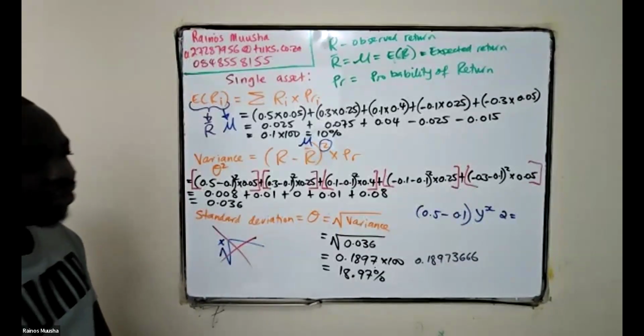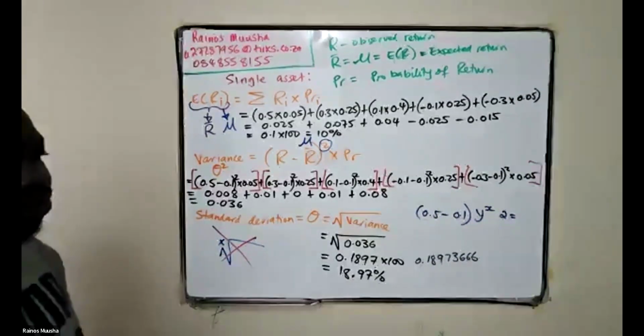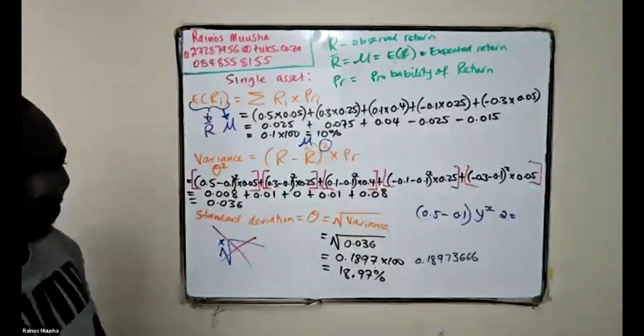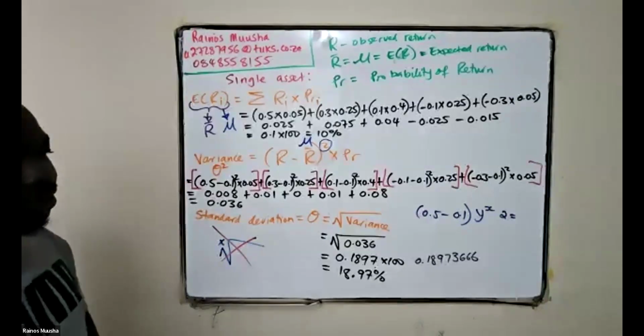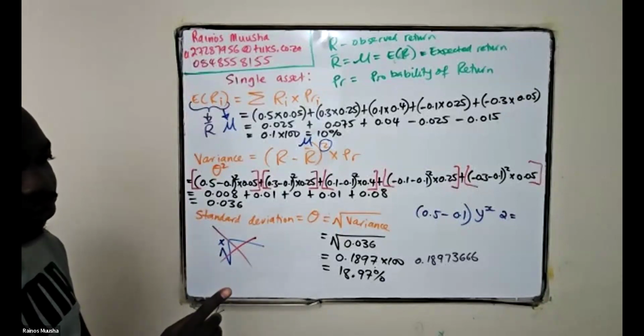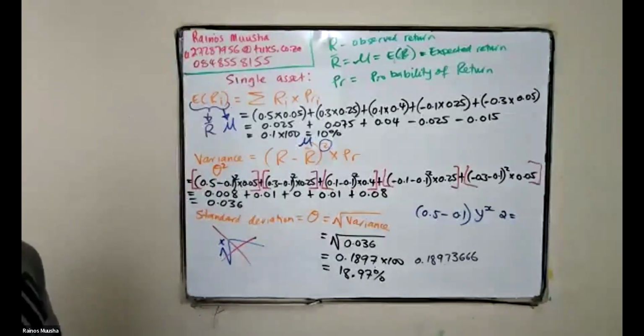Clear your memory first, then you say square root sign 0.036. Sorry, it's me, I was wrong.